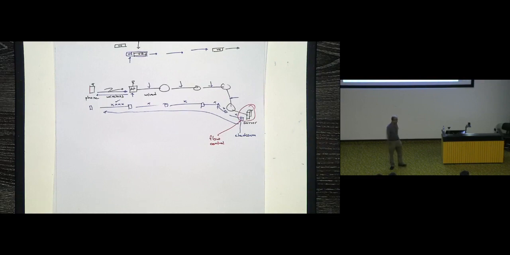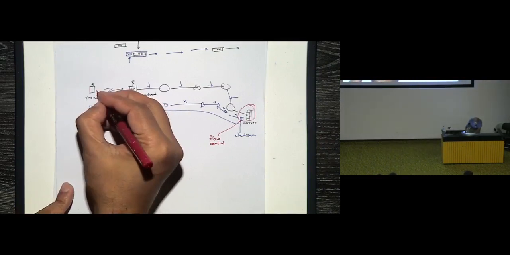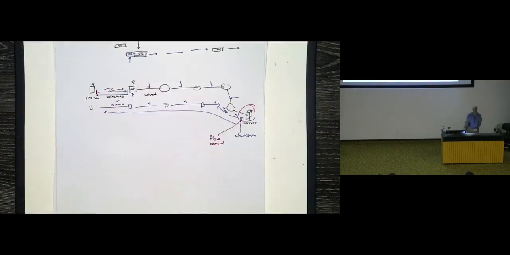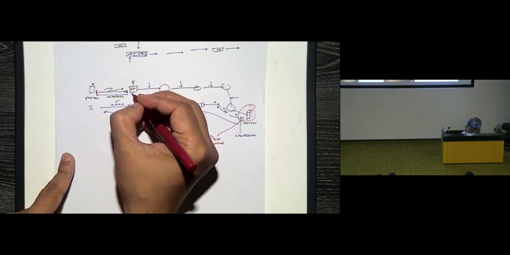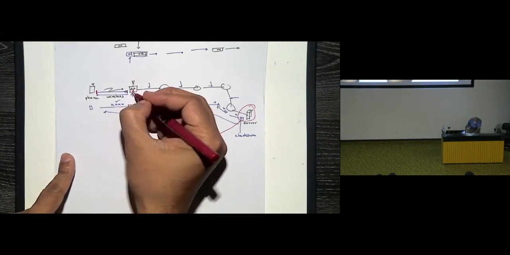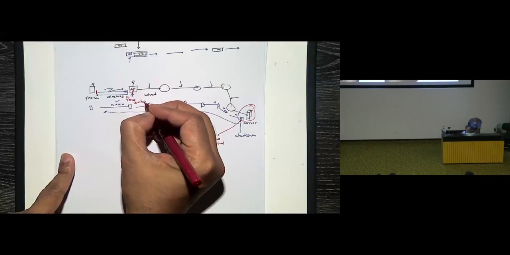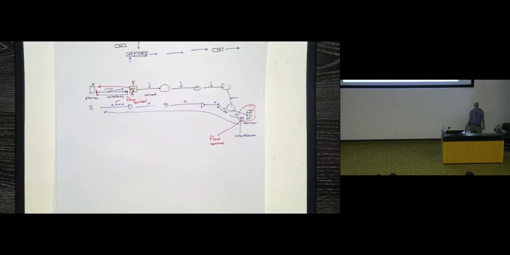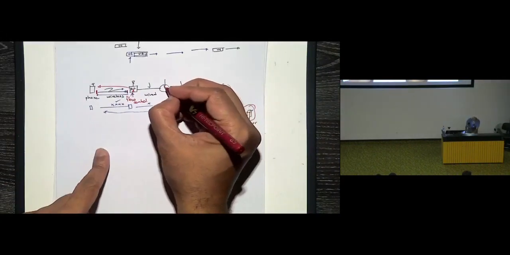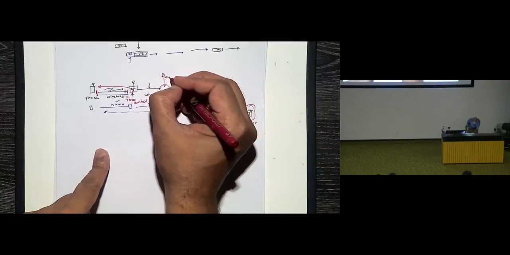What about link layer? A link layer only goes from here to here. In the case of link layer flow control, if this guy's memory is becoming full, this guy will tell, don't send so much here. Similarly, this router also has a memory.